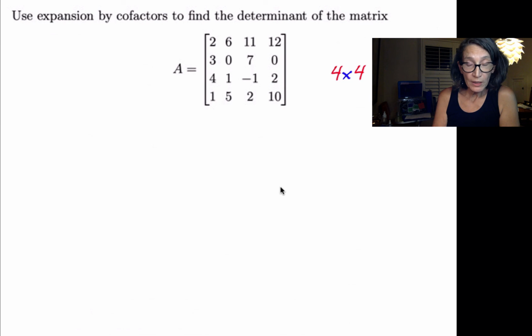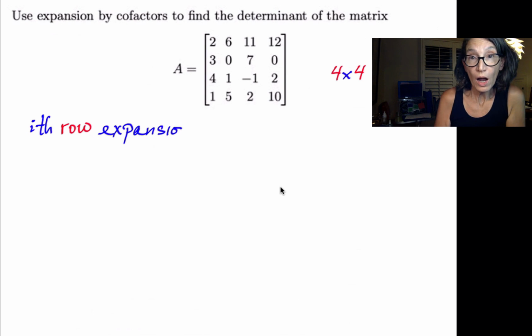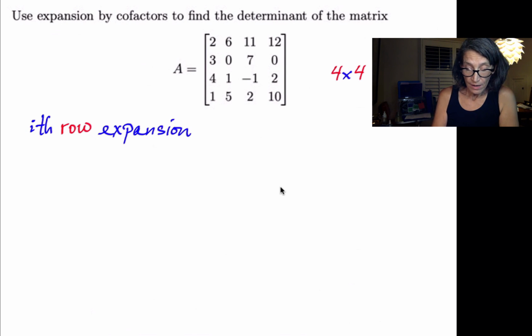But I just want to remind you in general what the cofactor expansion would look like. So if we choose a row, say we choose row i, then the determinant of the matrix is going to be the first entry in that row, a_i1, times either positive or negative 1.